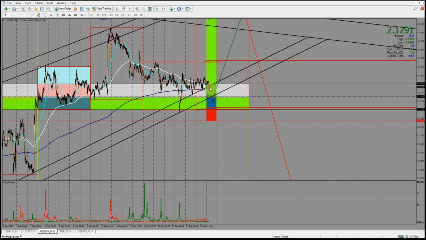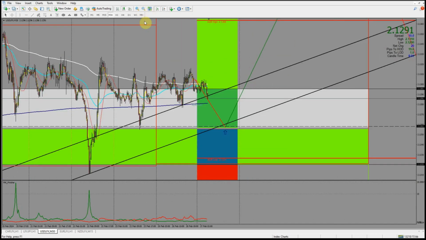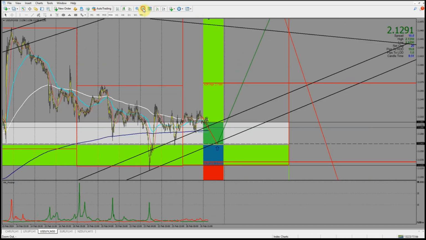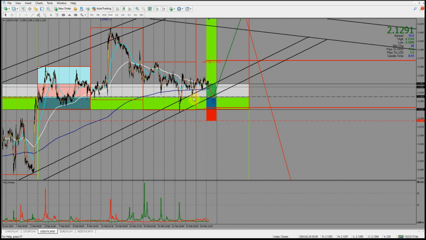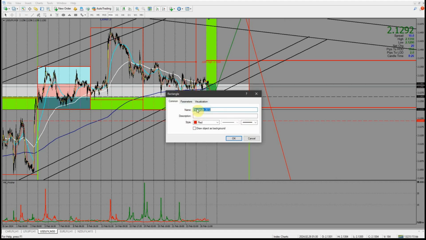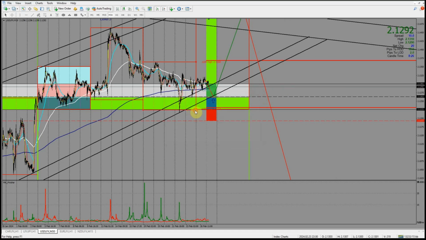I'm assuming that price is going to be going south until at least the London or the New York open, because as you can see, we got that beautiful low price of the month established at this price here last week Thursday. That is a very important factor there, so I'm not anticipating price to come below this lower price.